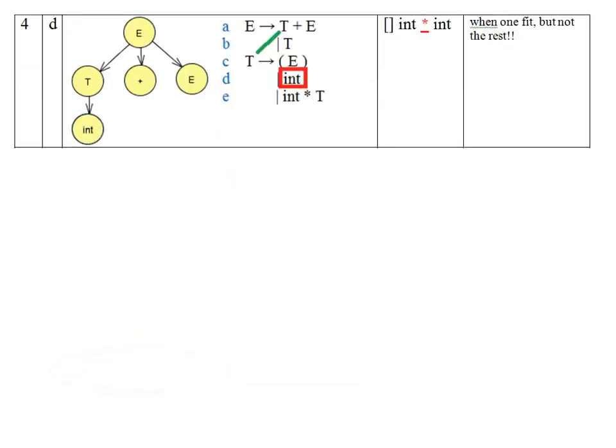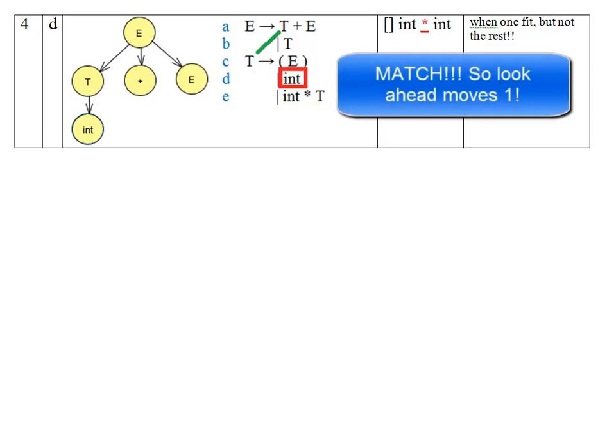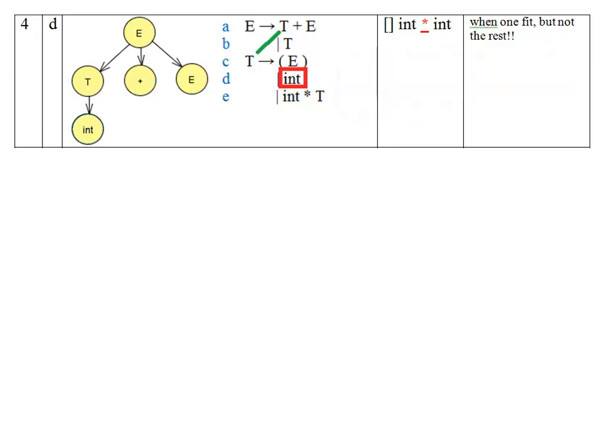That next one for a production in T is int. Well, we have a match, don't we? Okay, we have int, and if we have a match, we will move up our look ahead cursor. But the bad part is that's just int. There's nothing really left for us in that, so it doesn't fit, so we need to continue.